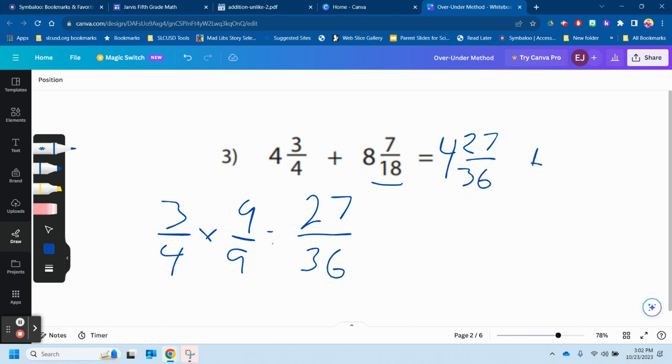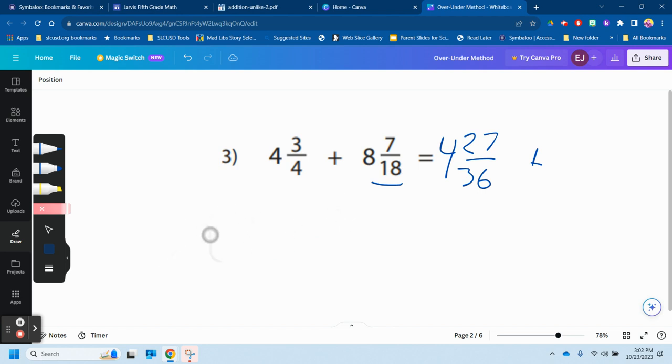Plus, well, now I need to find this 7/18. So I need to convert that. This is going to be a little easier. So 7/18 is equal to something over 36. Identity of 1. What do I multiply the 18 by to get 36? You got it, 2.